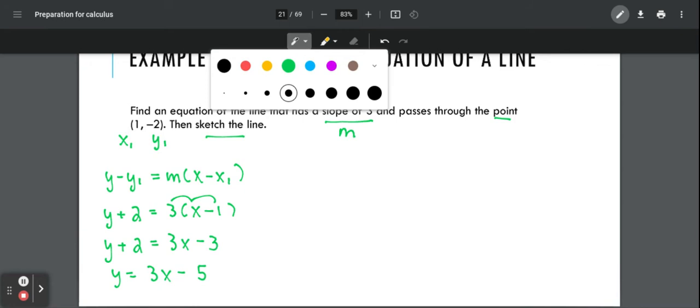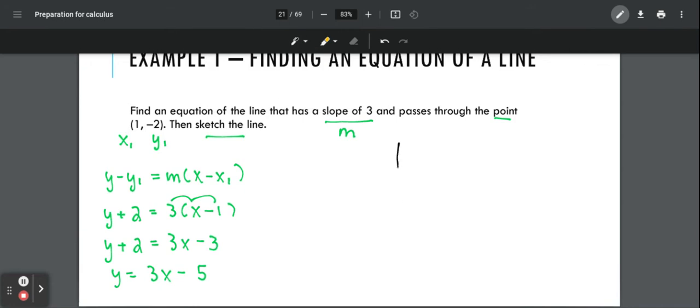And then if we were to sketch this graph, you have your axes, and our y-intercept is -5. And then our slope is 3. So we could rise 3 and run 1. And then you could sketch the line that goes between those 2 points.